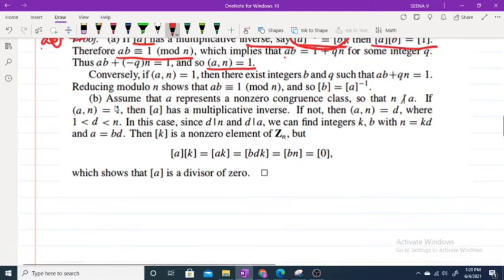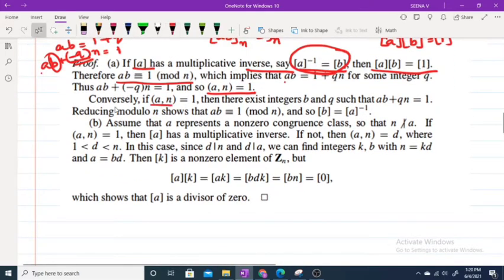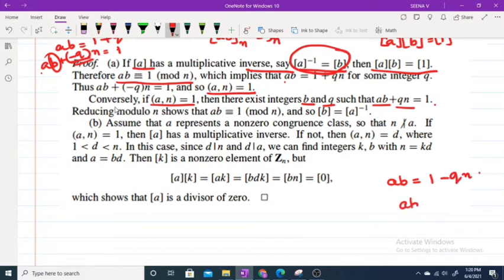Now conversely, assume that a and n are relatively prime. That means there exist integers b and q such that ab plus qn is equal to 1. That is, ab equal to 1 minus qn, or ab equal to 1 plus kn, where k is equal to minus q.